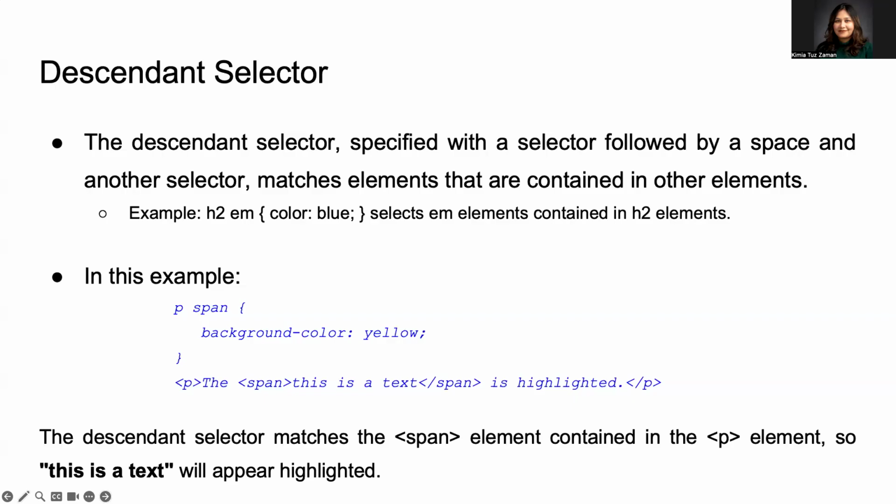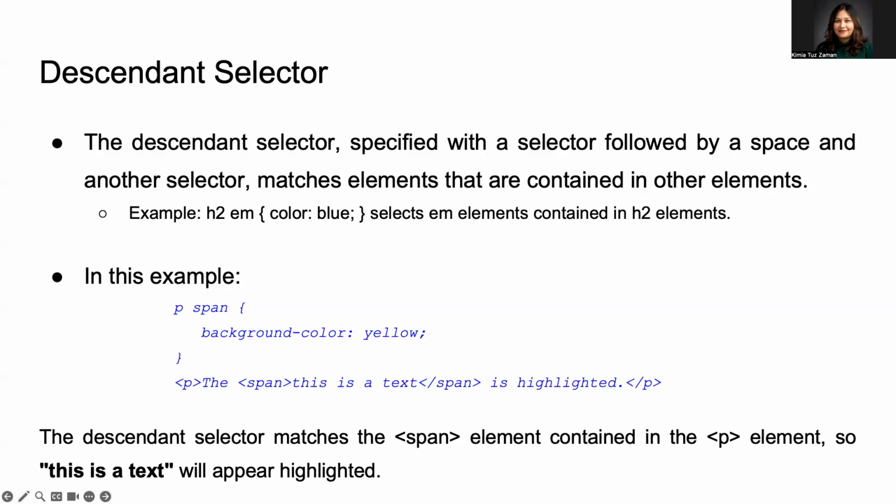As a result, in our example, the words, this is a text inside the span, are highlighted in yellow. Now, if that span was outside of the paragraph, this rule wouldn't apply. That's the main idea. The descendant selector looks for elements nested within another element.